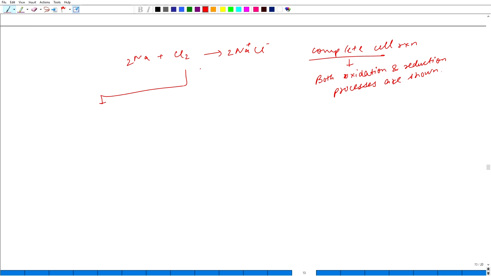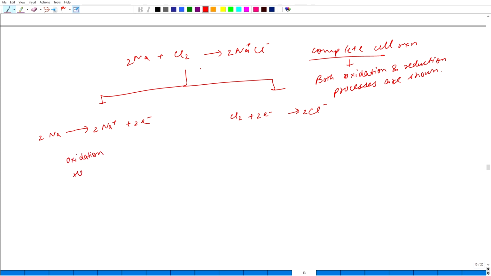For our simplification, we separately study the oxidation part, known as the oxidation half cell.